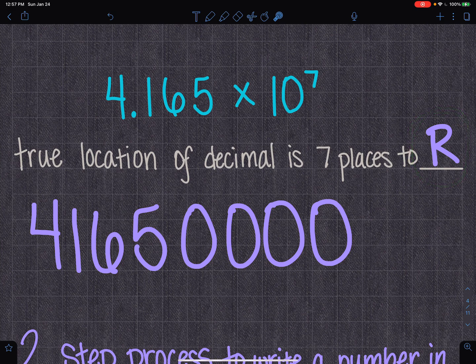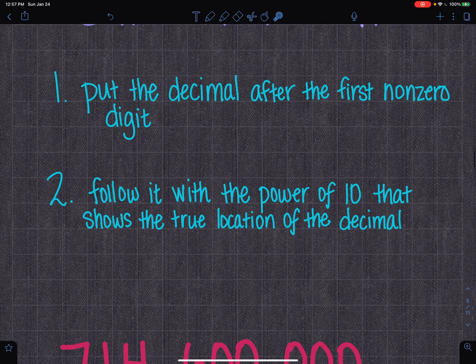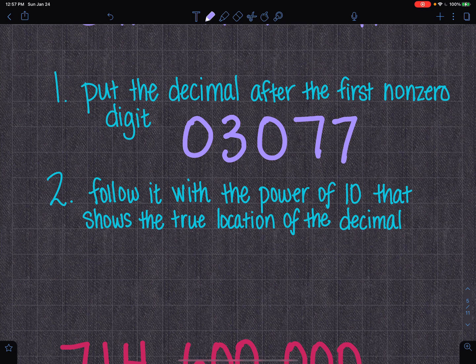Okay, so from there, it can get a little bit more complicated because there's actually a 2-step process to write a number in scientific notation. Put the decimal after the first non-zero digit. So if you have a number like this, where do you put the decimal?